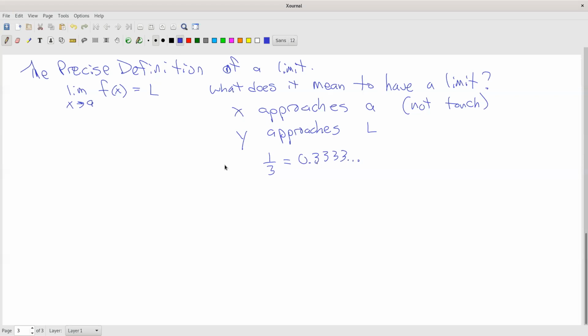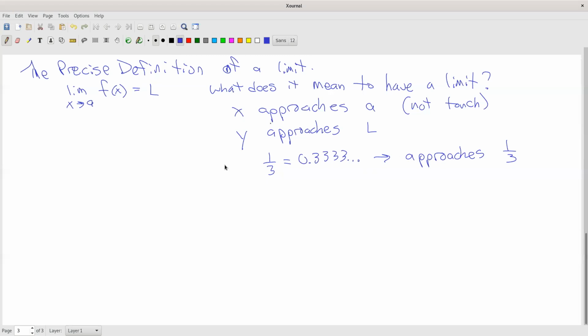So as I keep adding another place, I get closer to the actual idea of 1/3, but as a decimal, I never actually get there. So this list of decimals approaches 1/3, but we never actually get to touch 1/3 when we use the decimal version. We're always just a little bit off. It's the rest of the tail that we're missing that we're off by.